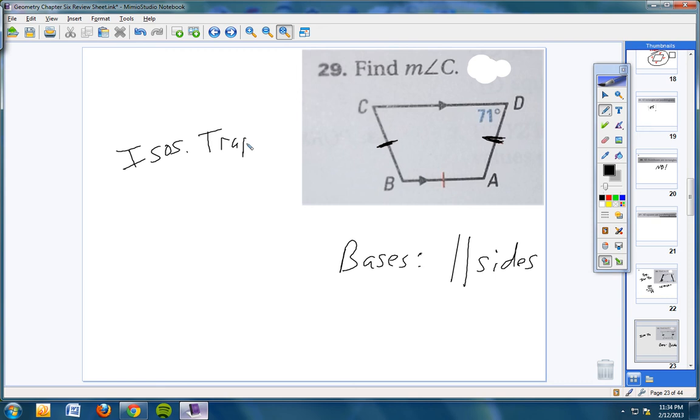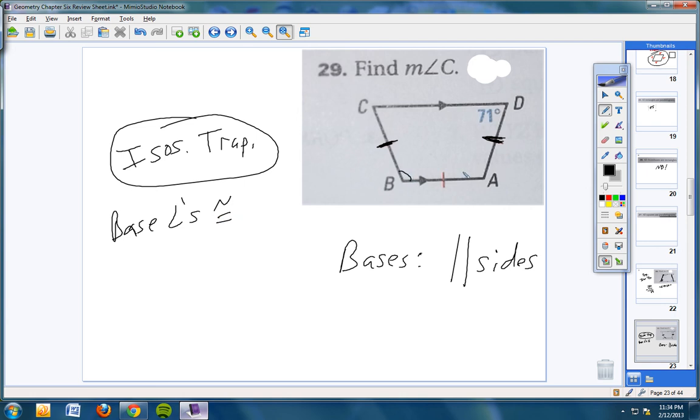Remember, when the legs are congruent, you have an isosceles trapezoid. If you have an isosceles trapezoid, and only when you have an isosceles trapezoid, not a regular trapezoid, the base angles are congruent. So this angle here is congruent to this angle.